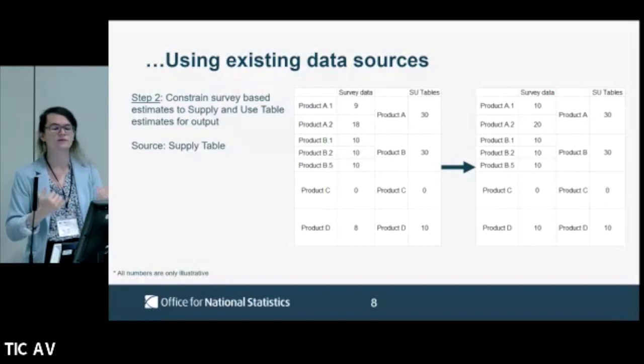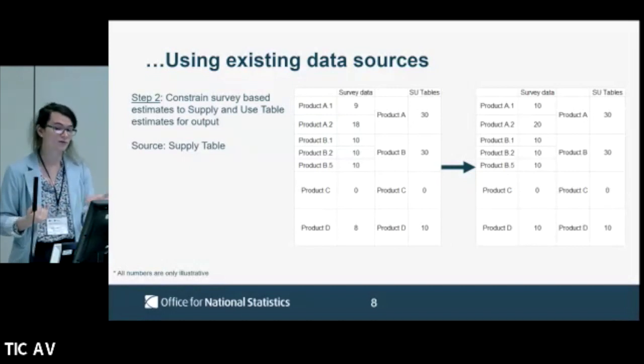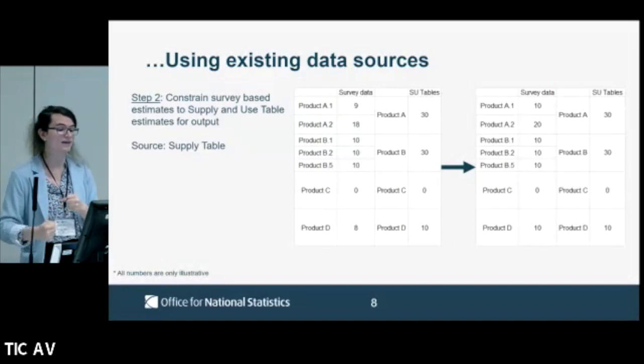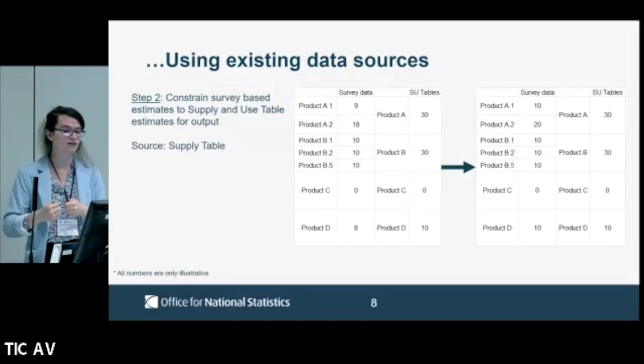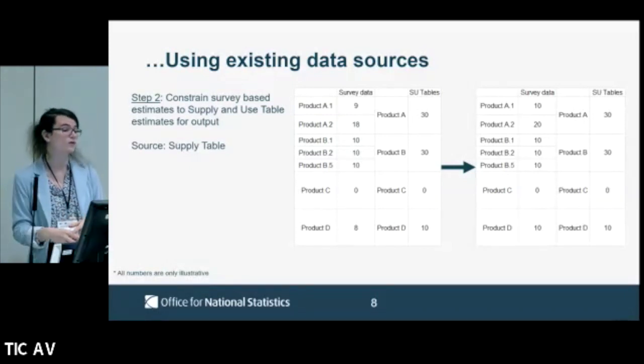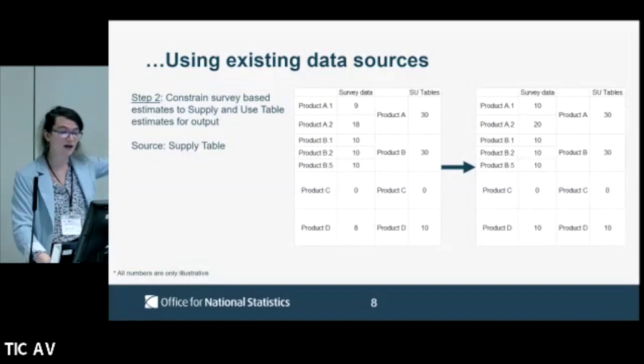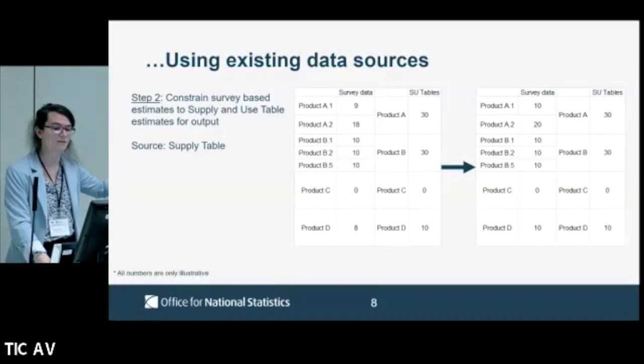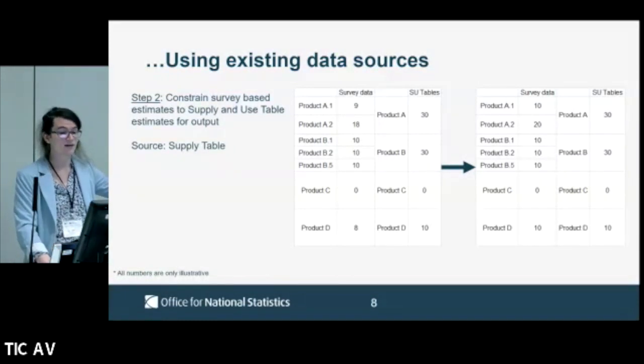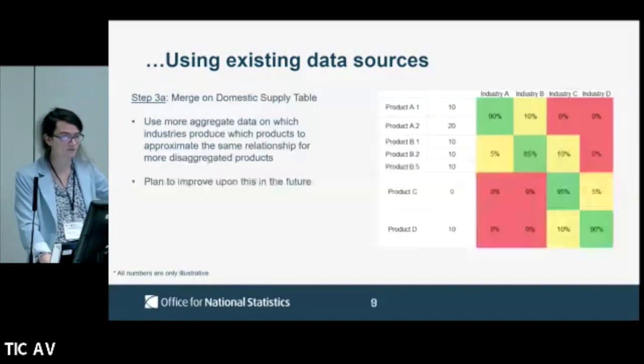As you can see, for the most part these numbers are very similar, but it accounts for any conceptual or slight methodological differences, as the supply and use tables do use richer data sources and slightly more complicated methodologies than the survey data itself. That gives us, on the right-hand side, some measures of output by product categories at a low level that are conceptually much more similar to the supply tables.